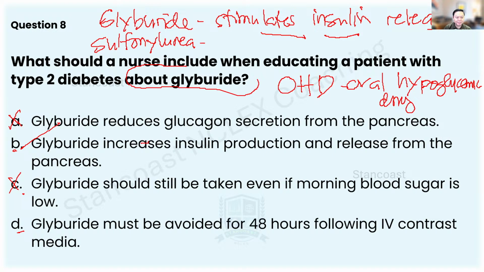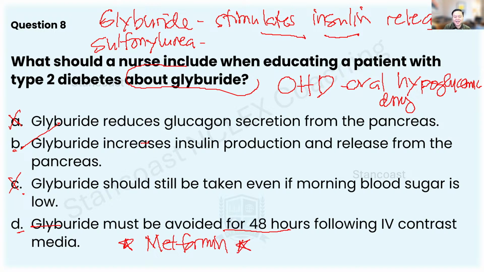What about letter D? Glyburide must be avoided for 48 hours following IV contrast media. This is not the medication that will be withheld or avoided within 48 hours, not glyburide, but rather metformin. Okay, not glyburide.